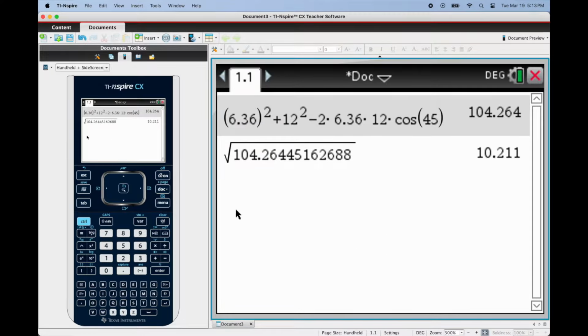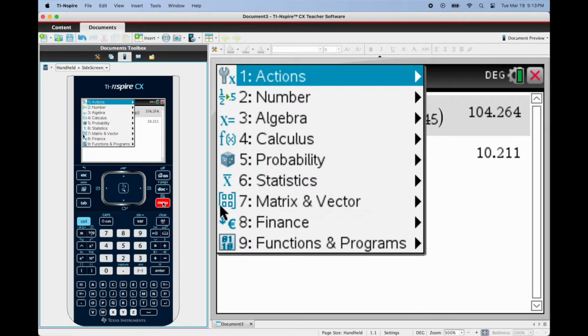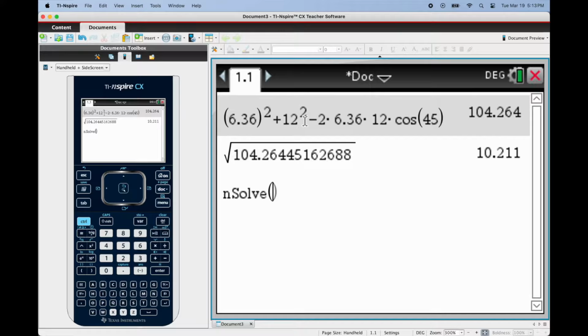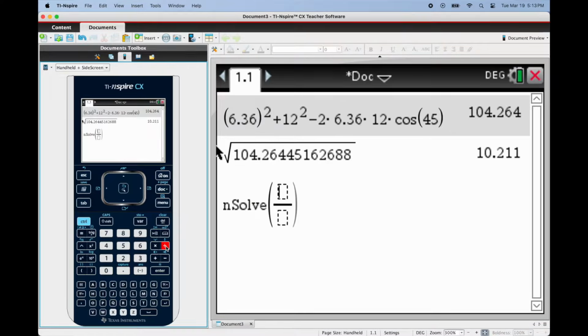Okay. Let's go ahead, menu, actually sorry, not menu. Algebra, numerical solve. Again, you can do this with some algebra, but we can also use solve, if you're more comfortable with it, either way.